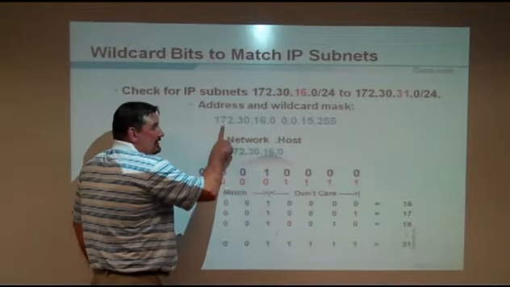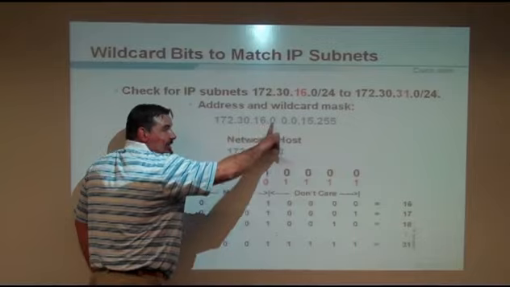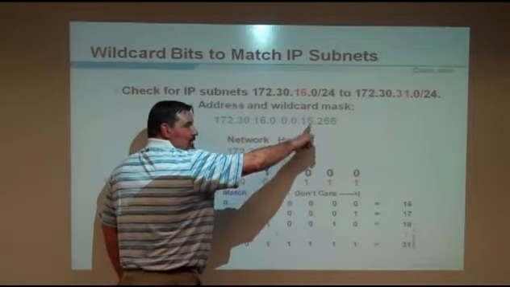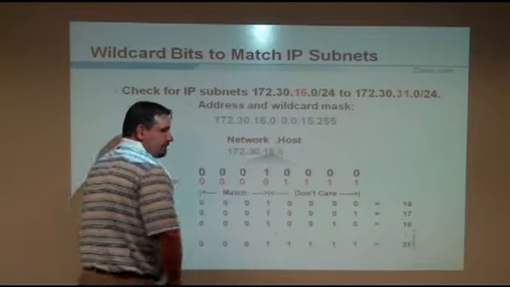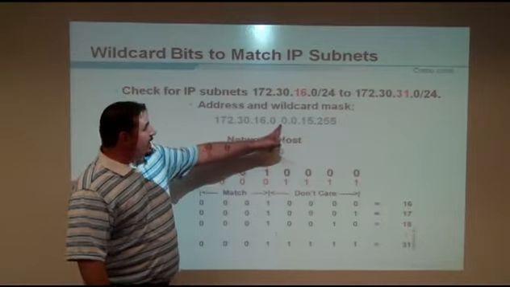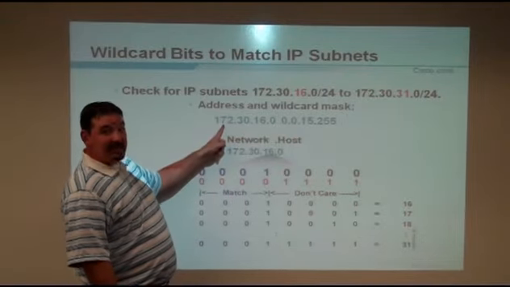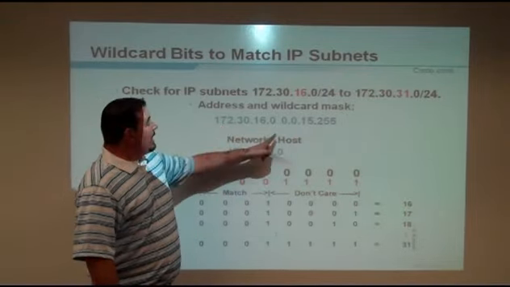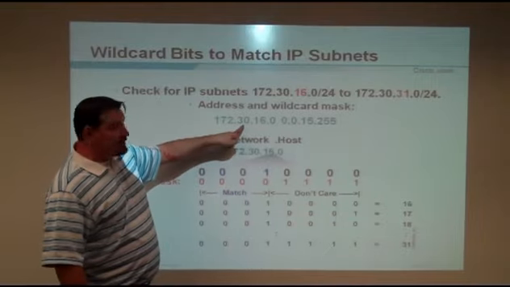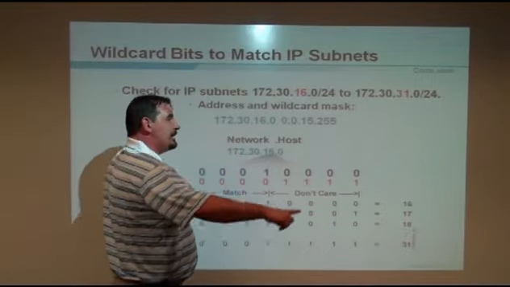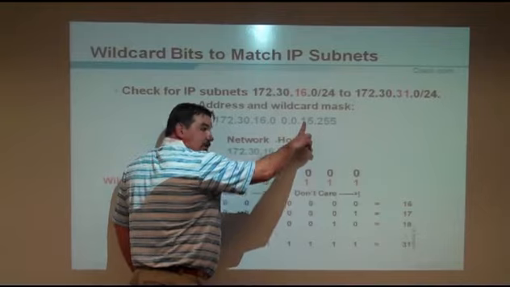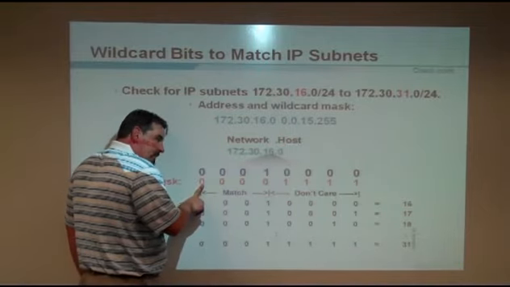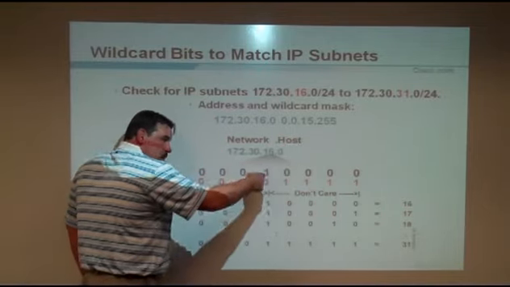So we're going to write that as 172.30.16.0 with a 0.0.15.255. Okay? So we're saying, I want to check the first 8 bits, make sure it's exactly a 172. I'm checking the second 8 bits, making sure it's exactly a 30. And I'm checking the first 4 bits in this third octet to make sure the first 4 bits exactly match a 0001 for a 16.